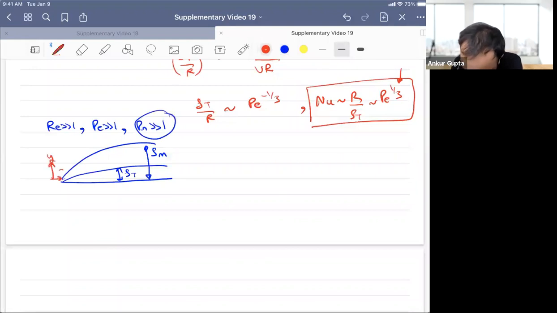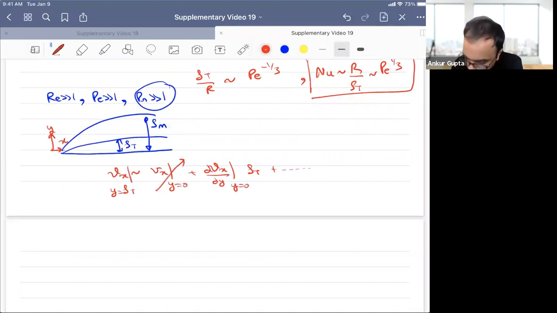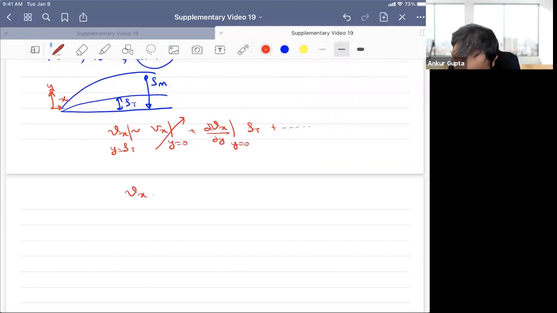So we can say here too that Vx at y equal to delta t is Vx at y equal to 0 plus del Vx by del y at y equal to 0, delta t, and so on. Because it's no slip, we can simply ignore this term, and we get Vx here as u delta t by delta m.